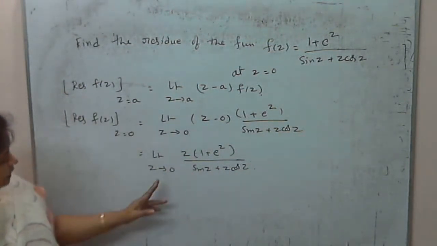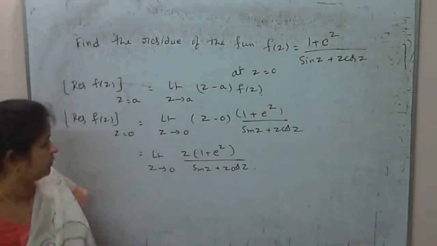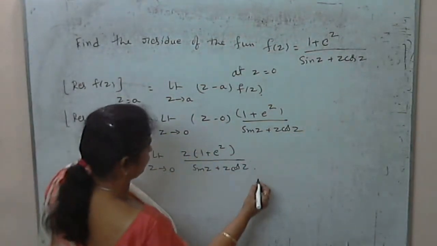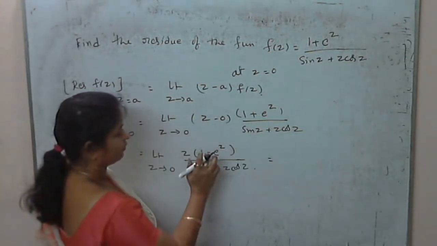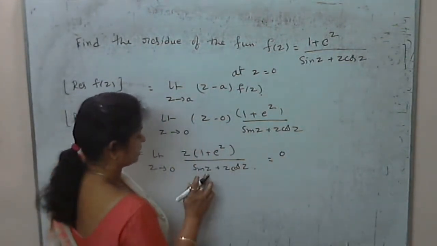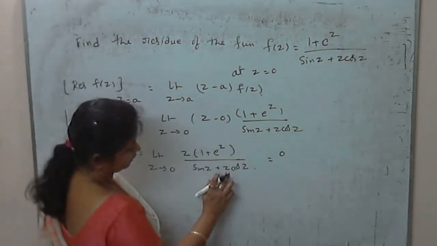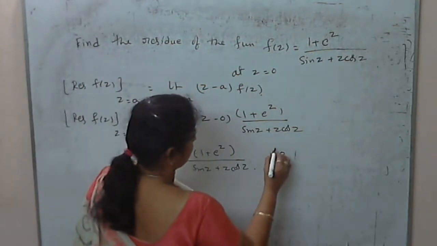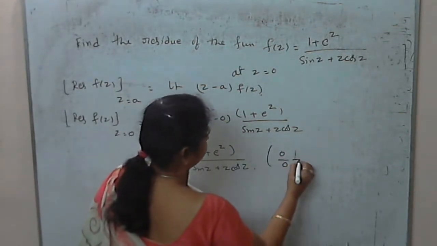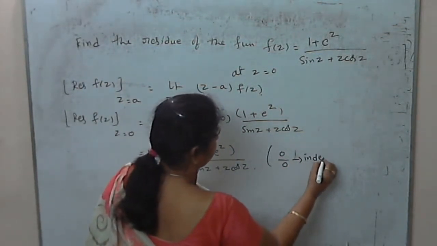If we substitute z equal to 0 directly, we will get 0 into 1 plus e power z, total is 0, sin 0 is 0, z cos z is 0, 0 plus 0 is 0. So 0 by 0, this is an indeterminate form.